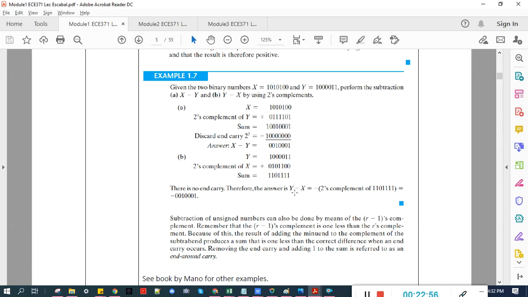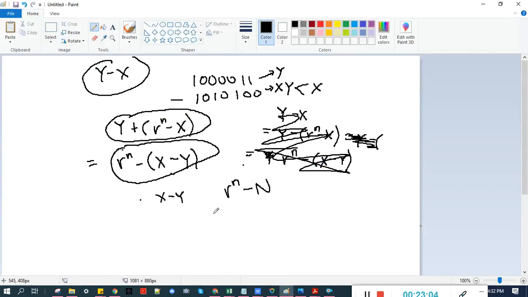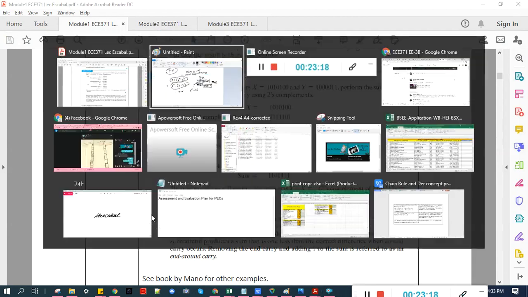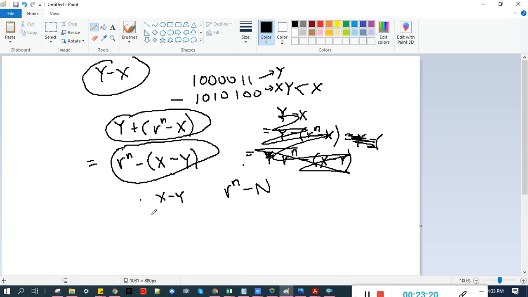There's no end carries, so what we actually obtained is x minus y, so we just added a negative sign. Okay. Therefore, what is the result?